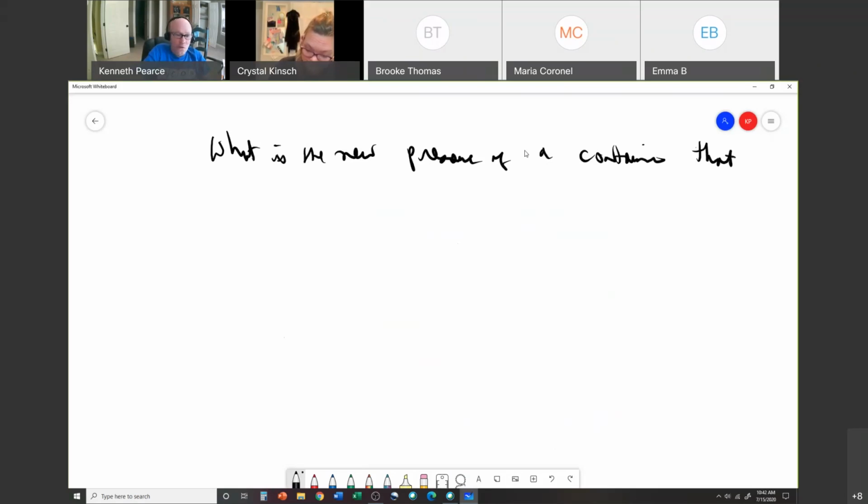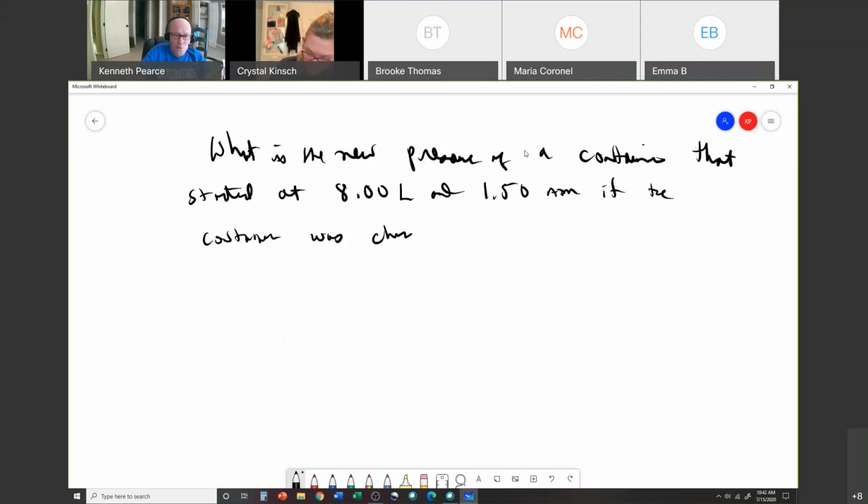That started at, let's say, 8.00 liters and 1.50 atmospheres, if the container was changed to, let's see, what do we want to change it to? Change to, oh, let's say 4.00 liters. What's the new pressure?